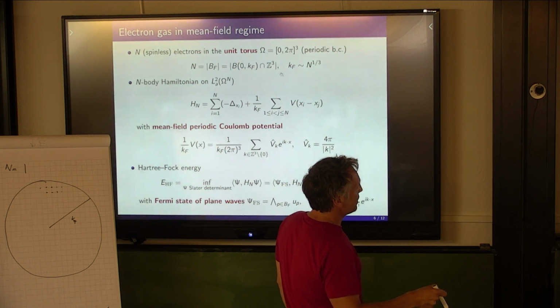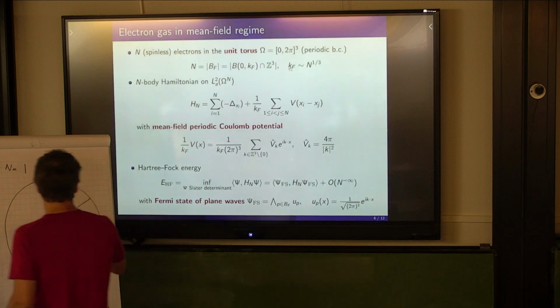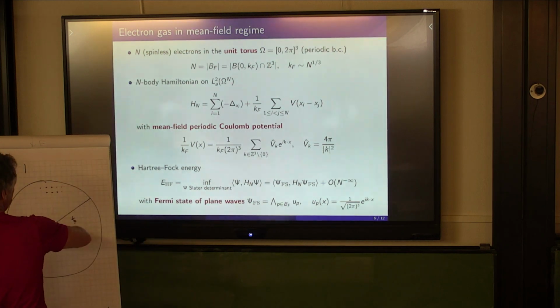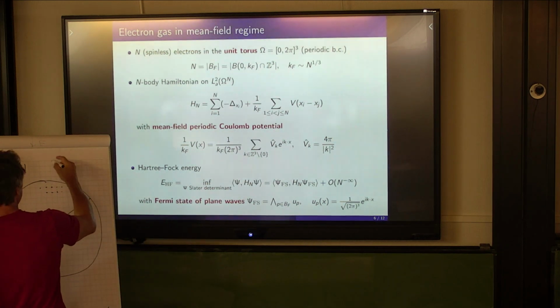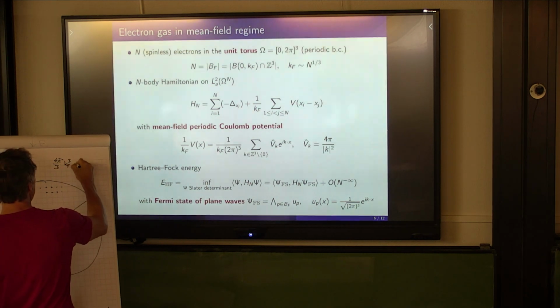And of course, now what is the relation between kF and rho? If you had the continuum, then the relation would be 4 pi over 3 kF cubed is rho.